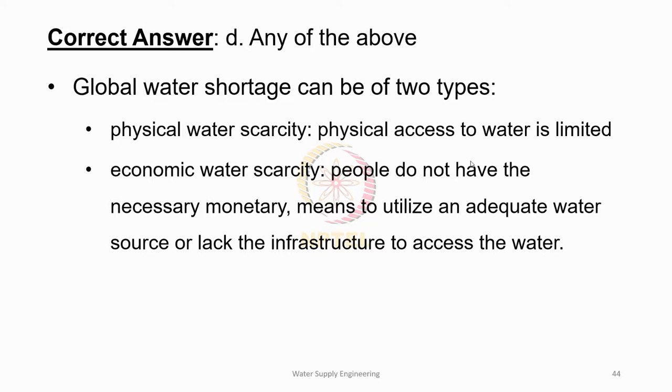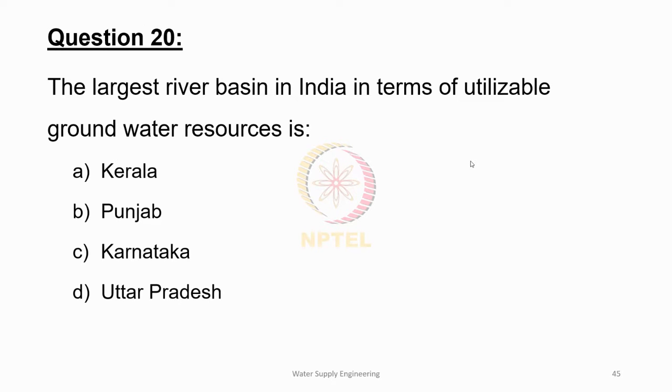Okay, we'll move on to the next question. So the largest river basin in India in terms of utilizable groundwater resources is... Earlier we saw the largest river basin.